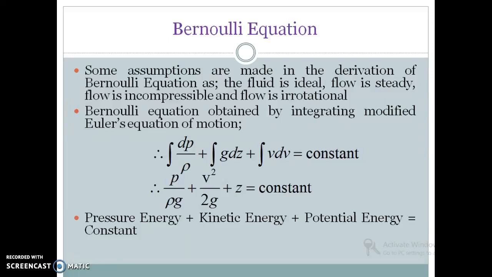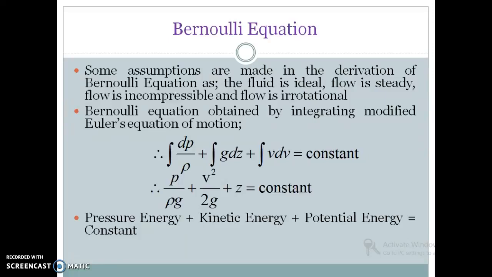The first term, P upon rho g, is the pressure energy per unit weight of fluid, also called pressure head. The second term, V square upon 2g, is the kinetic energy per unit weight of fluid, also called the kinetic head.